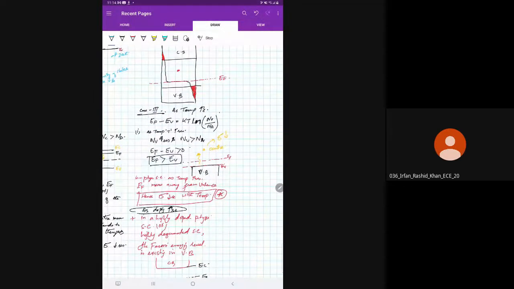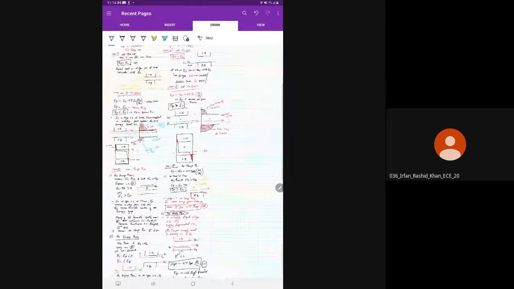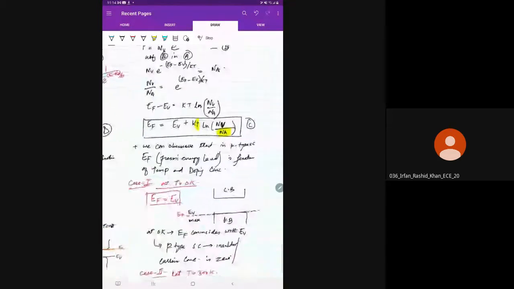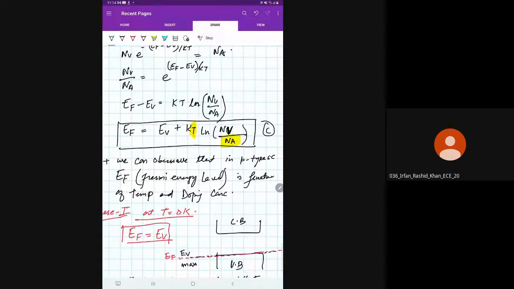अगर वो पहले उससे away जाती है, as temperature increases, Fermi level moves away from the valence energy. See, first of all, you can explain the coincidence with the mathematical relation, equation C. Okay? When you will insert T equal to 0, this entire term will be equal to 0. So EF will be equal to EV. That means whatever is EV, that is EF, or we can say that EF and EV coincide.